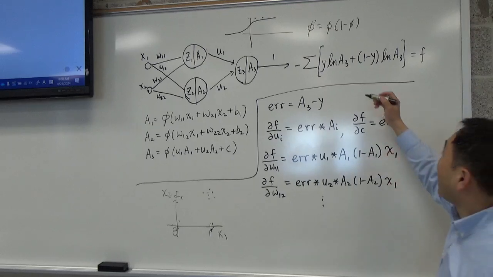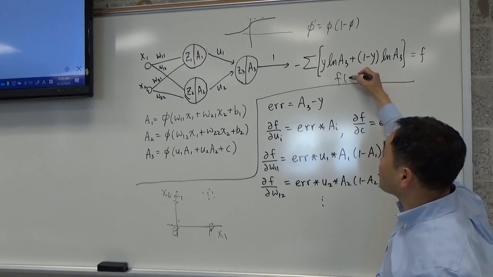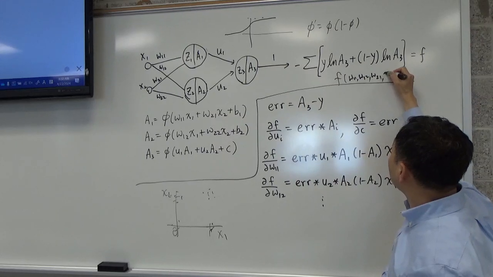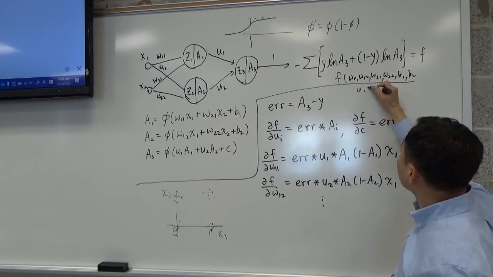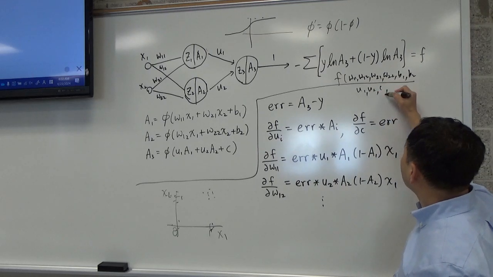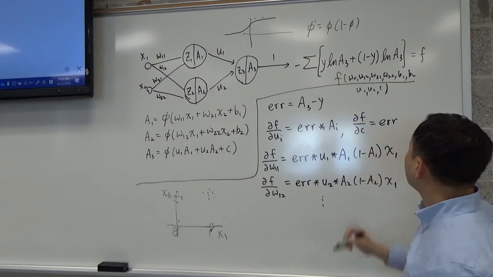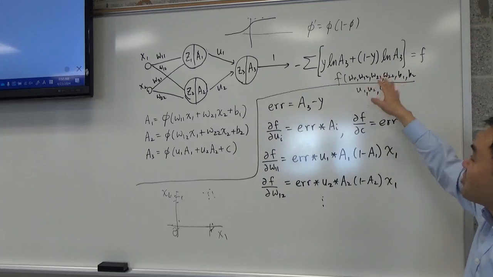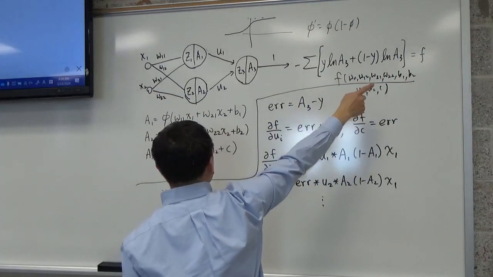And then f is a function of W11, W12, W21, W22, B1, B2, U1, U2, C, and that's it, right? So these parameters. At first it sounds a little bit weird, because aren't you plugging in x1 and x2 to get the value of f?